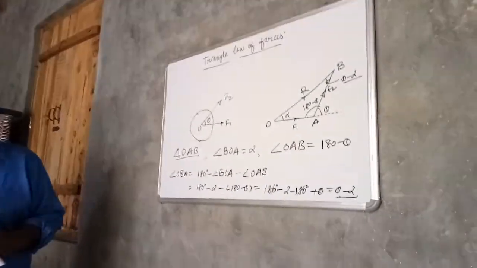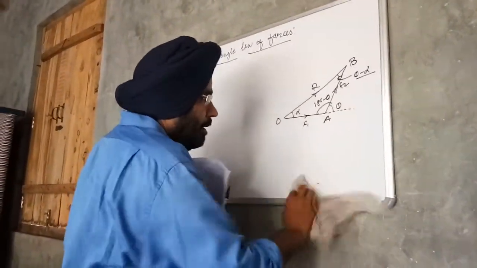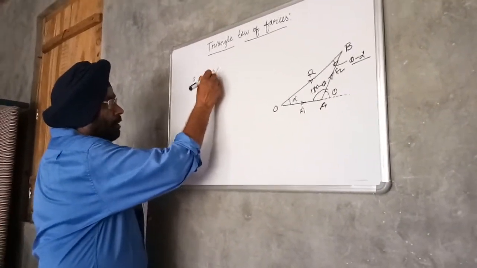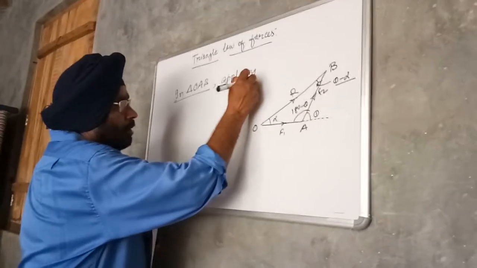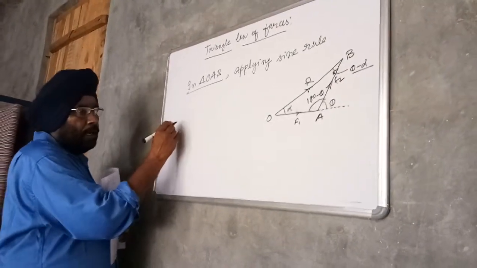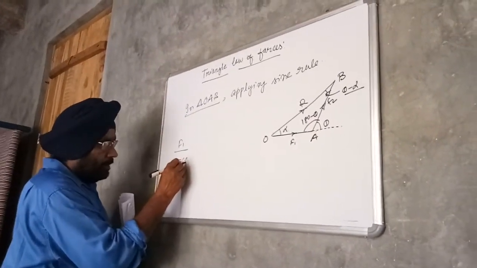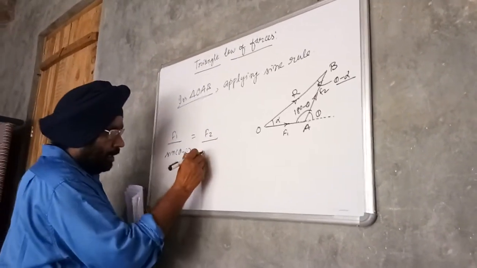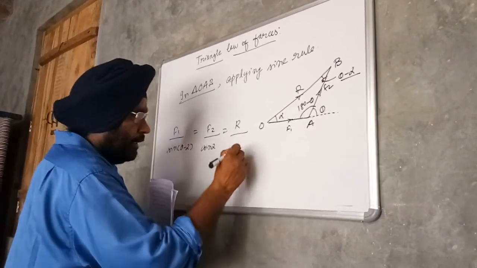Now in the triangle OAB, applying the sine rule, F1 upon sine of (theta minus alpha) is equal to F2 upon sine alpha and R upon sine of (180 degrees minus theta).